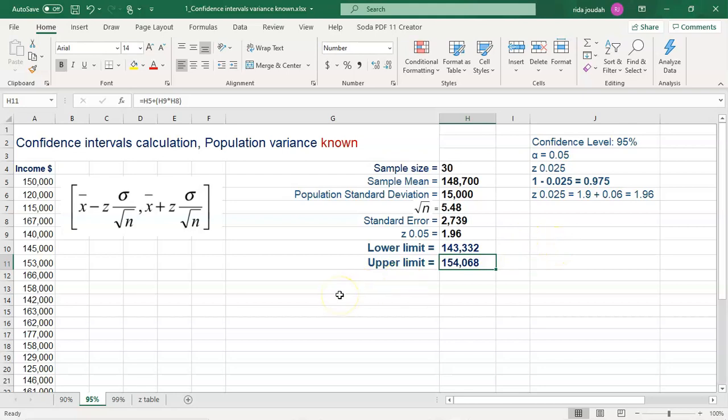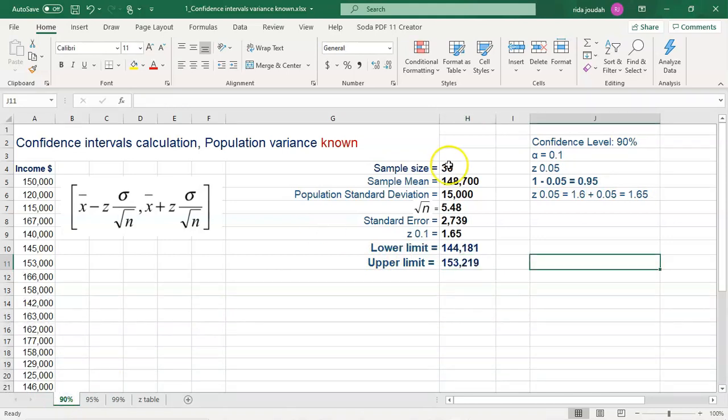So let's go and do the calculation in 90% instead of 95%. Click on this sheet. Everything is the same except this time we got a different Z value. This time Z value is 1.6 plus 0.05 equal 1.65. And again, you can go to the Z table to find the value.